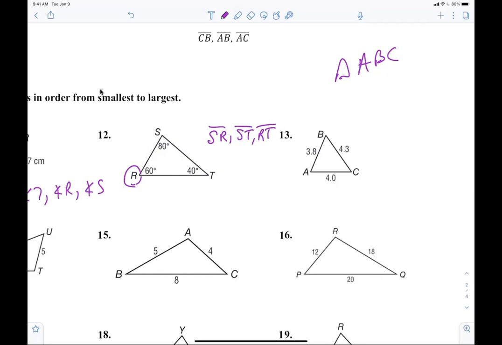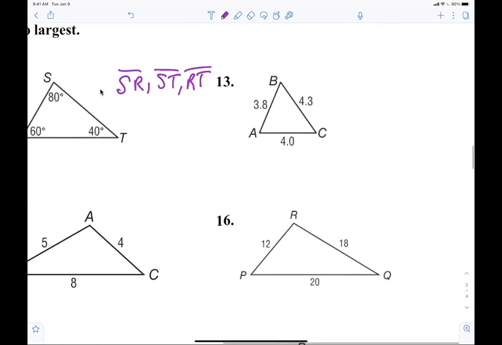All right. So now you have a problem where they give you the sides, you name the angles, they give you the angles, they name the sides. Elise, is that okay? Yeah. All right. Did you do one yet? Did I skip you? All right. You're on 13. Go. Name the angles. So what's the smallest side, kiddo? Right. So you said AB.